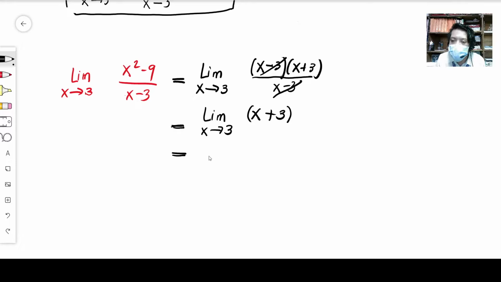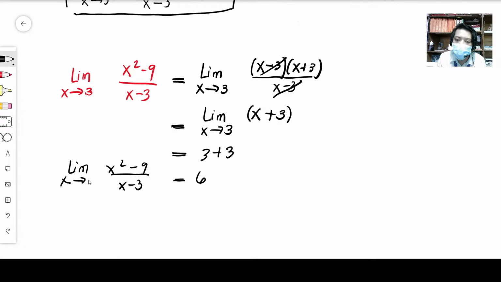This will be equal to 3 plus 3, substituting 3 for x, and this is equal to 6. See? Therefore, the limit of x squared minus 9 over x minus 3, as x approaches 3, is indeed equal to 6.